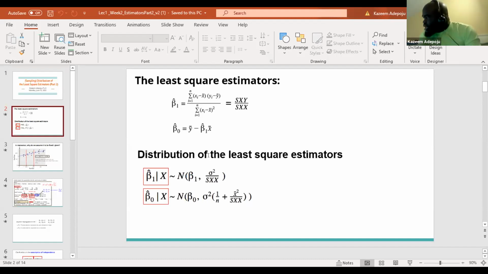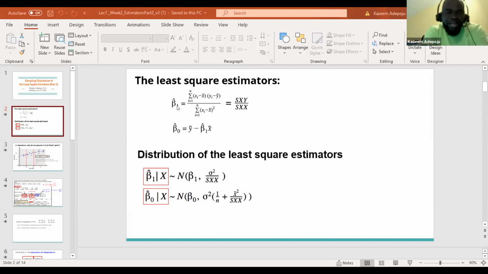We need a distribution because when I use a different sample size, or even the same sample size collected by another person, since we're working on different participants, the values of beta one and beta naught that we compute will be different.